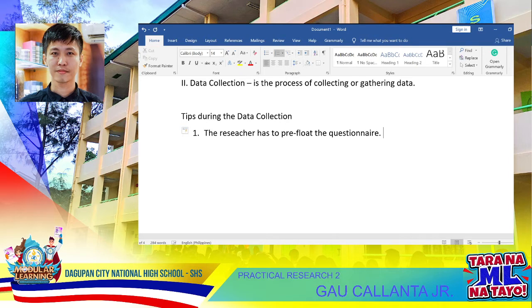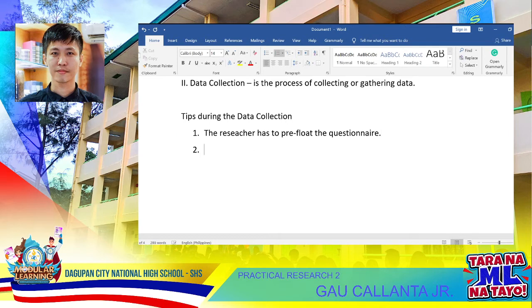After the pre-floating, you're going to improve your questionnaire again, and you have to let your validators know before proceeding to the actual floating or gathering of data. Now, if the changes have been made and there are no longer lapses in your questionnaire, it is already easy to understand, then it's about time for you to float your questionnaire.